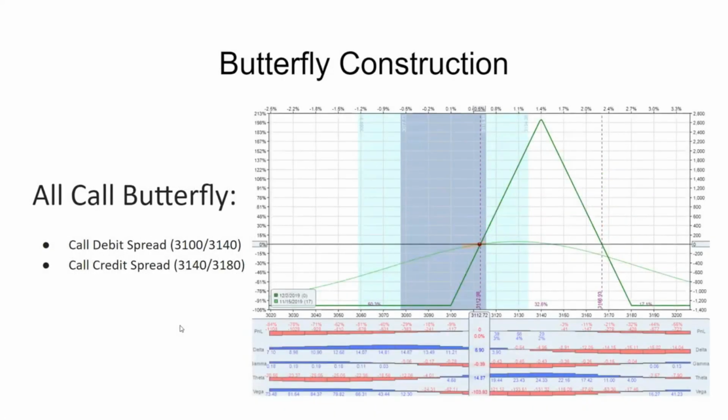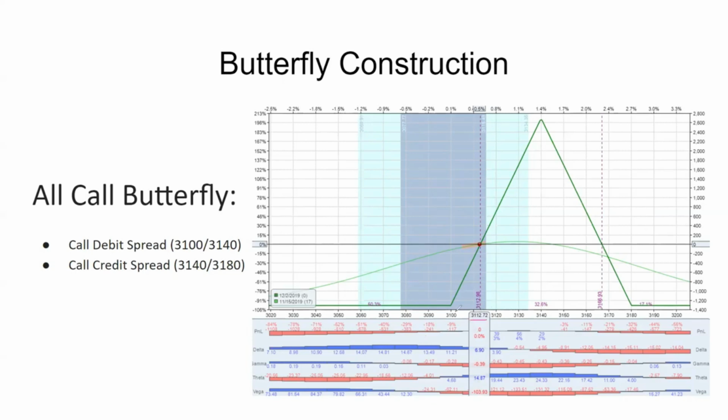Let's take an example here. This is an all call butterfly, and it's made of two spreads. We have a call debit spread and we have a call credit spread. So here we have, I think this is SPX, SPX at 3112.